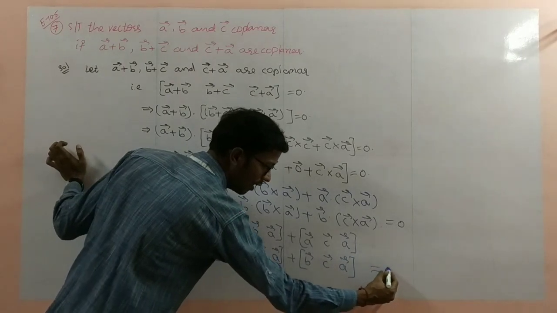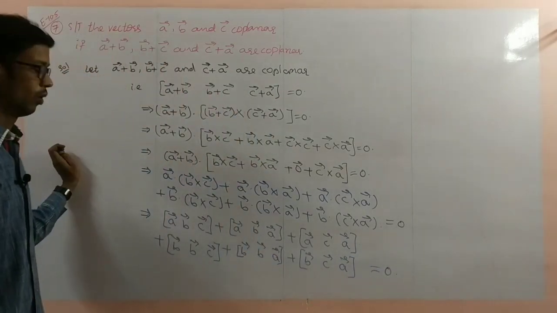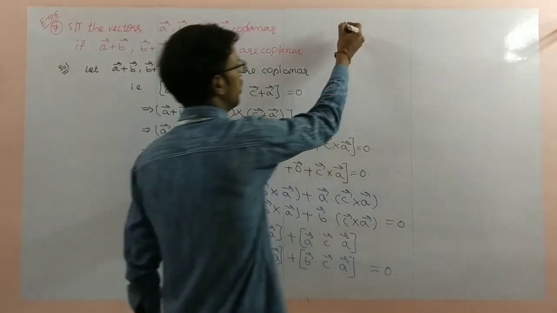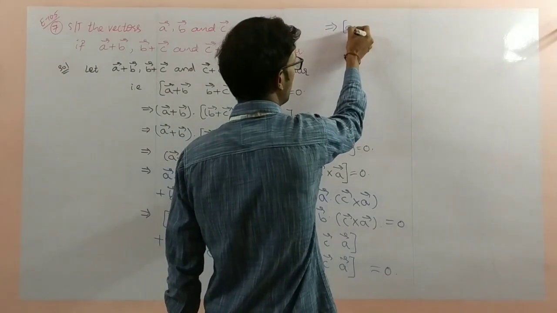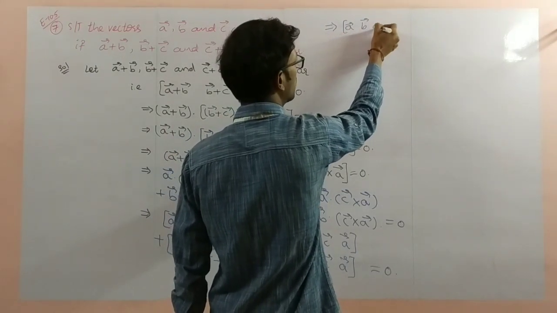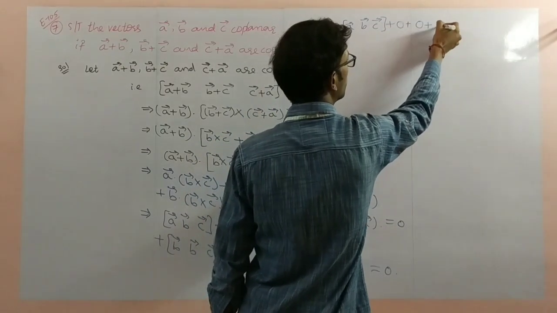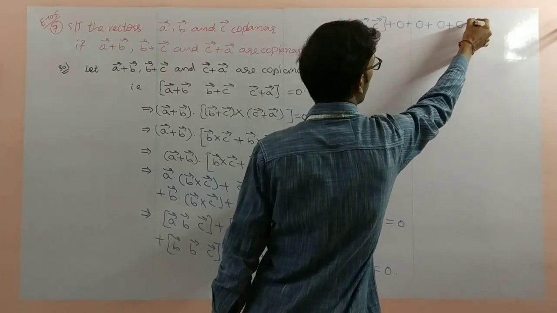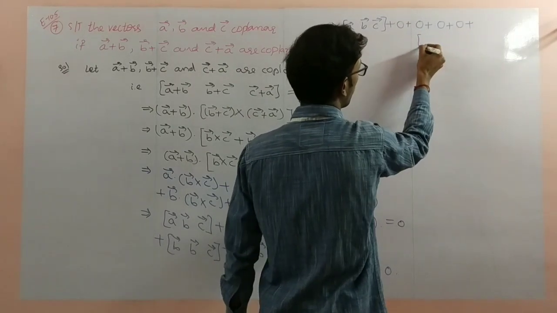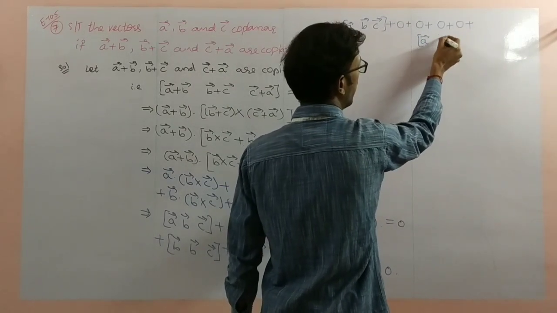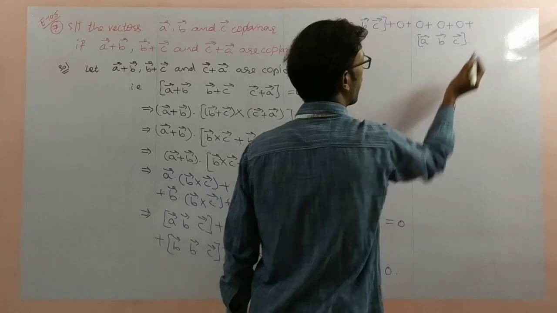This total value equals 0. So now the last 2 steps here. Box of A bar B bar C bar plus 0 plus 0 plus 0 plus 0. Here I am simplifying the total to A bar B bar C bar.